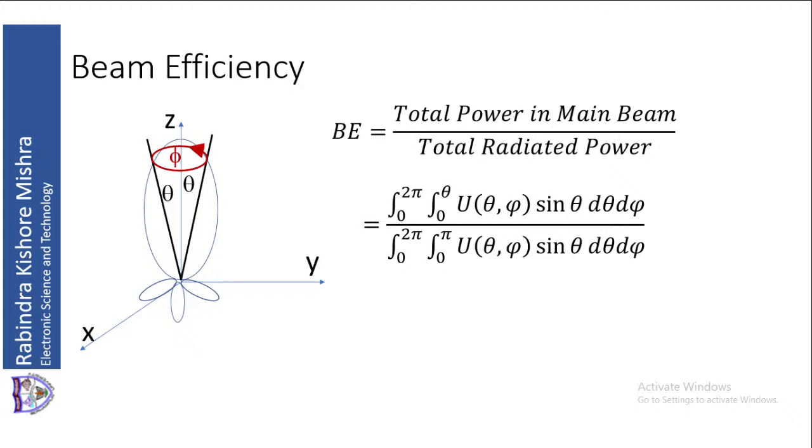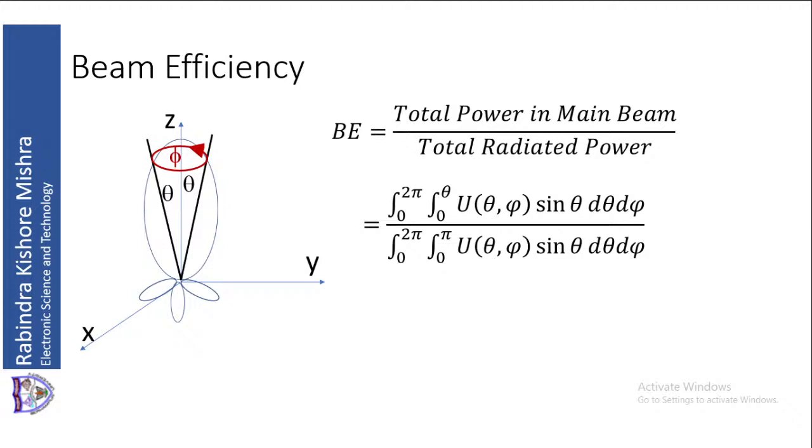So BE is equal to the total power in the main beam divided by the total radiated power. You can write it as the integral from 0 to 2 pi, the variation of phi, and 0 to theta, the variation in theta for the main beam, of U(theta, phi), where U is the intensity, times sine theta d theta d phi, over a solid angle.